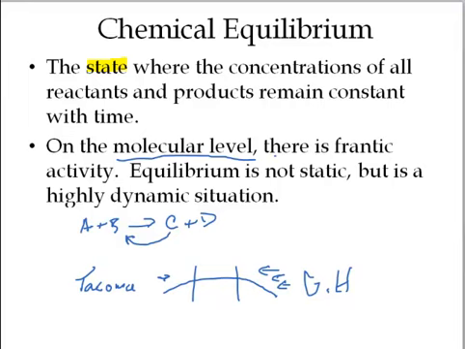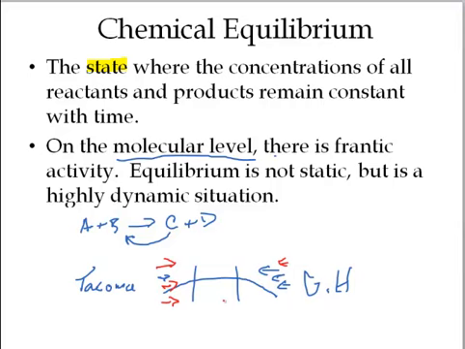And then throughout the day, there's cars going back and forth. And then in the evening, there are a lot of cars going this way and only a few cars going that way. Now, from the bridge's point of view and where we're watching, there's just constant activity. Cars are going back and forth, and sometimes it's greater one way and sometimes it's greater the other way.